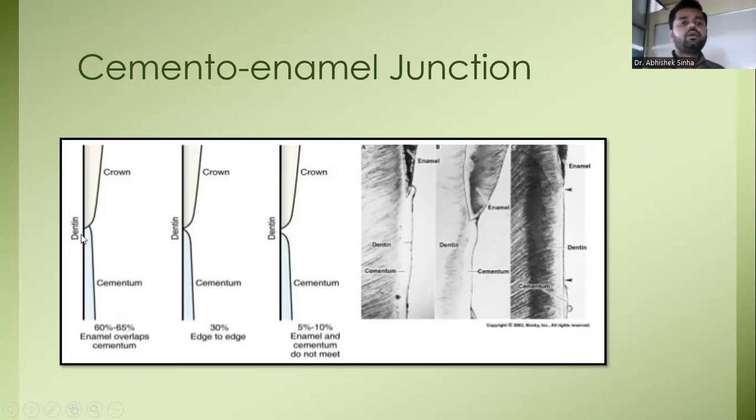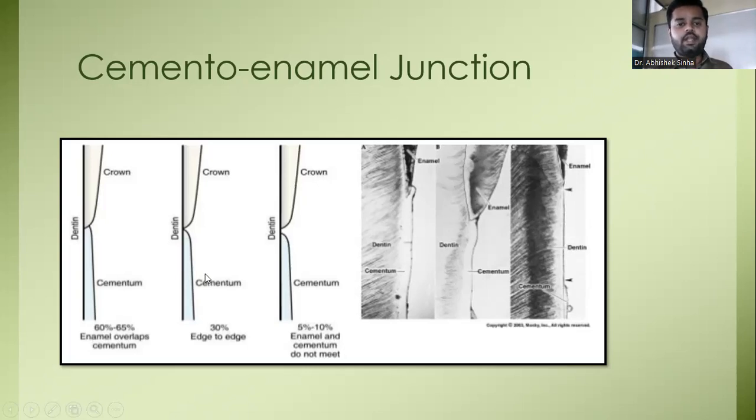In 60% of the cases, your cementum will be overlapping the crown enamel. 30% it will be edge to edge or butt joint, where the enamel and the cementum are ending at the same point, not overlapping as in the case of this. And then there are cases where you will have almost some gap. This is the gap junction between enamel and the cementum.